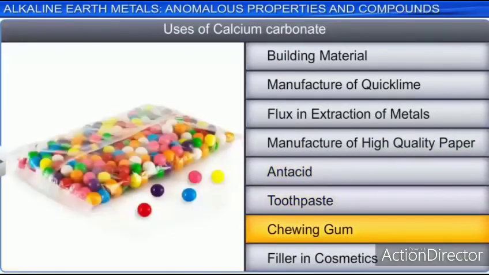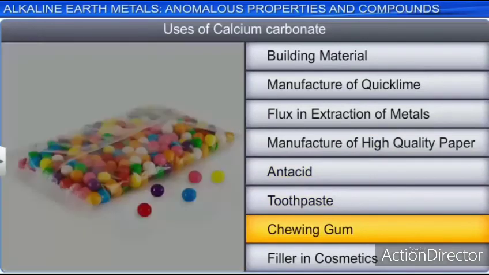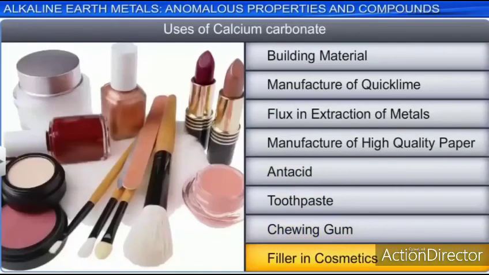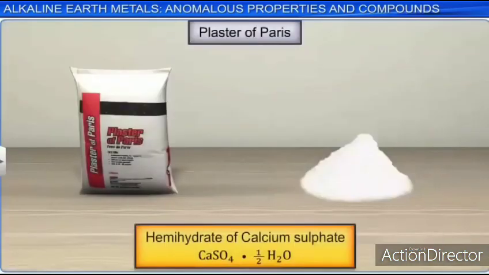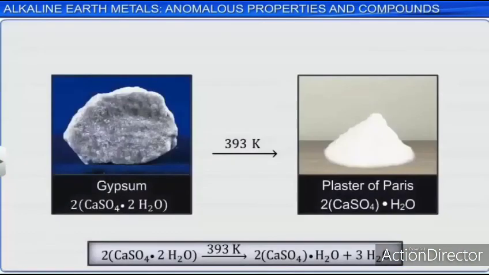Plaster of Paris is a hemihydrate of calcium sulfate. Plaster of Paris is formed when gypsum or calcium sulfate dihydrate is heated to 393 Kelvin. The decomposition reaction is shown here.